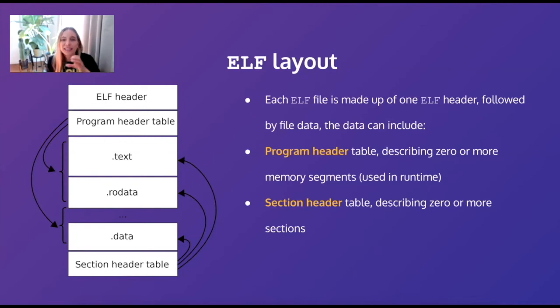So sections and segments are two complementary views of an ELF file. Segments are used by the linker to allow execution, and sections for categorizing instructions and data. And now stay tuned as this is exactly where we're going to find the information that we need a little bit later.